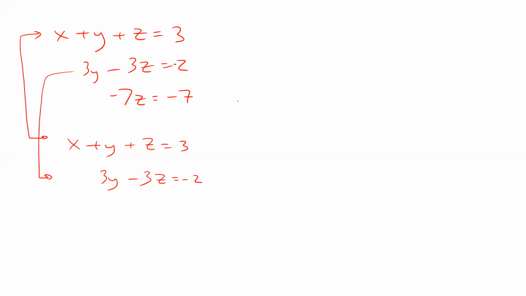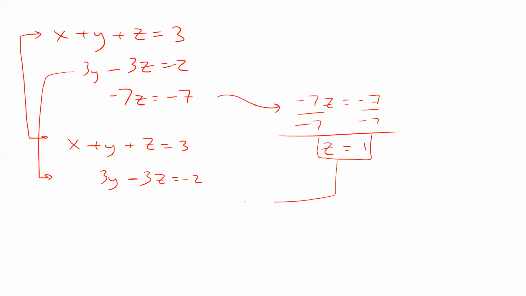So this little guy right here, off to the side, you say to yourself, how do I solve this guy for z? I just divide through by -7. That becomes your final third equation right here. Okay, are we good there? It is a long process.